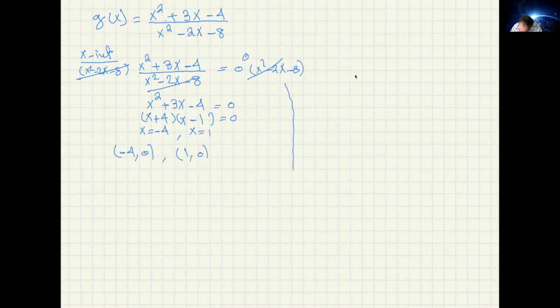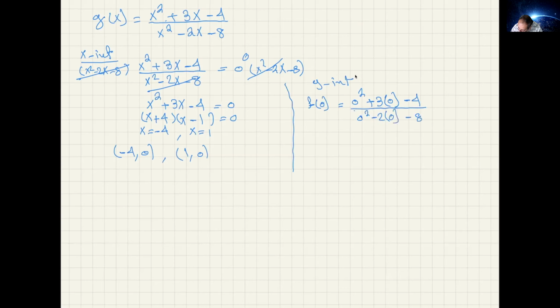Similarly, I compute the y-intercept, which is f of 0, equal to 0 squared plus 3 times 0 minus 4 over 0 squared minus 2 times 0 minus 8.